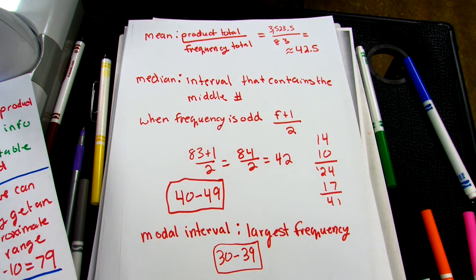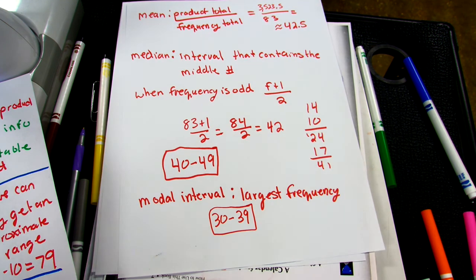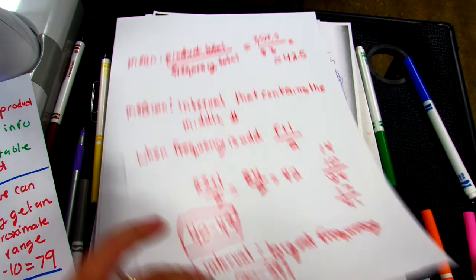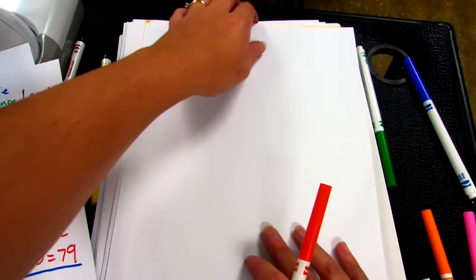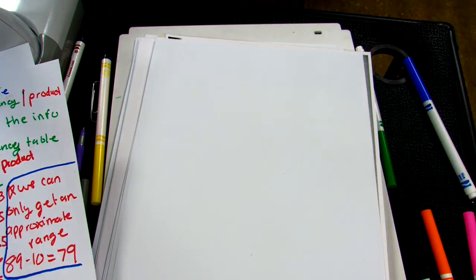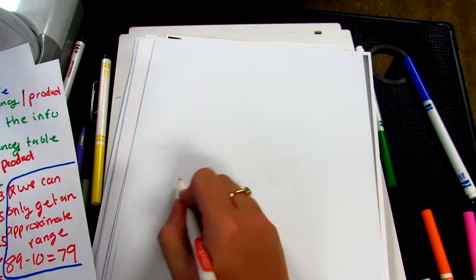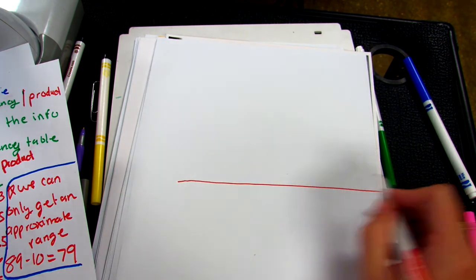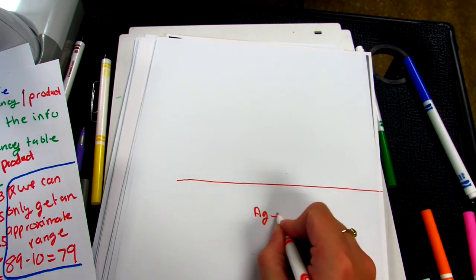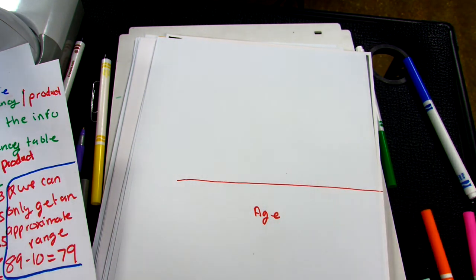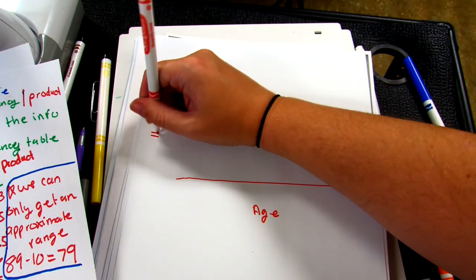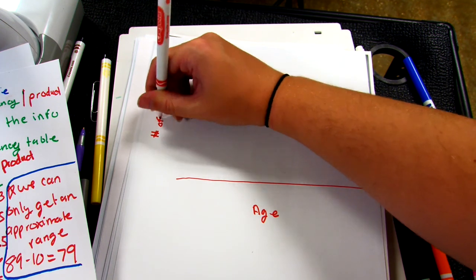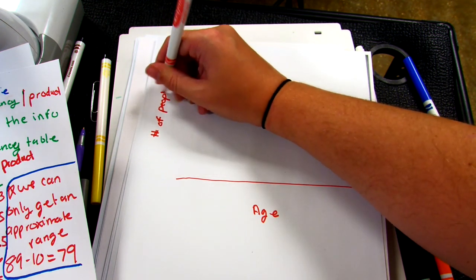All right. Last thing we want to do is to create the histogram for this data. So again, the histogram is going to have the intervals going this way. So this is age. And then it's going to have the frequency here.